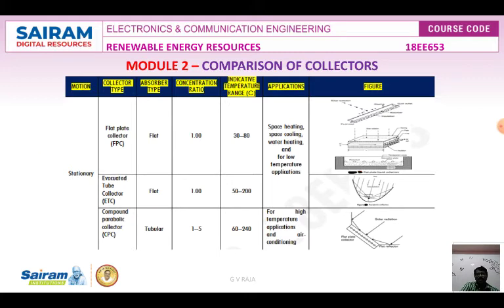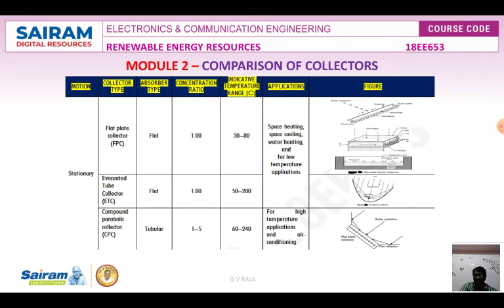First is the stationary concentrating collector, and then we have the single axis tracking collector and the two axis tracking collector. So according to the motion, the collectors are classified in three ways: stationary collector, single axis tracking collector, and double axis tracking collector.